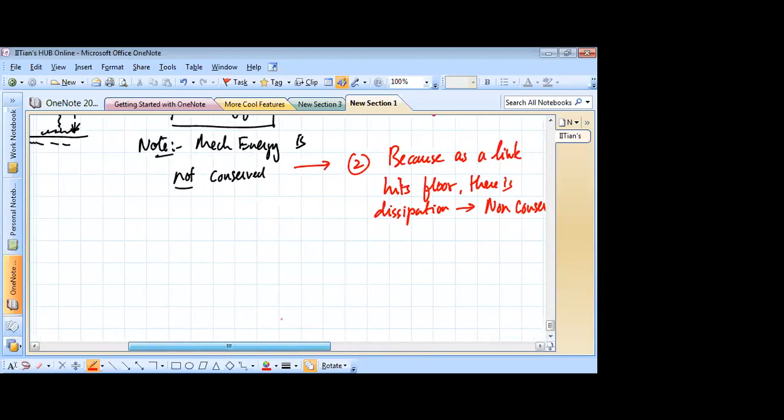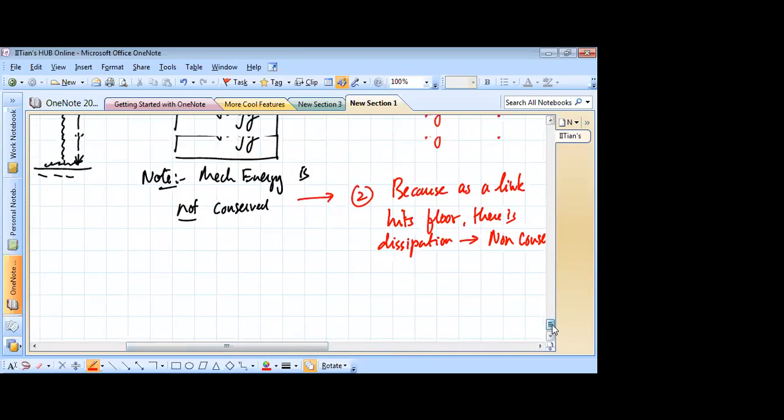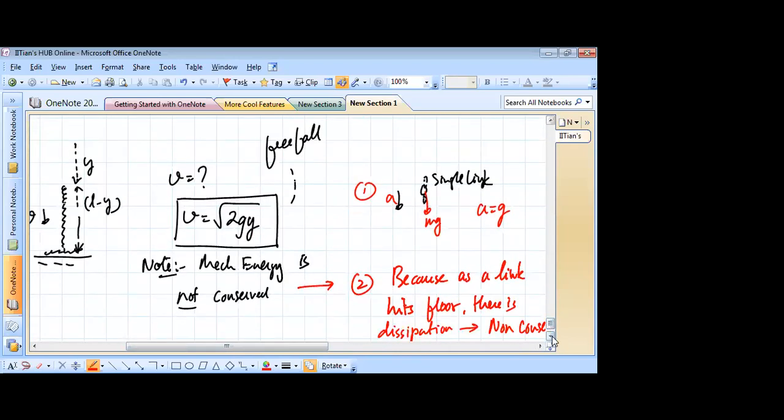So that's another important thing to understand conceptually, that mechanical energy is continuously getting dissipated in this problem. Okay. So that's why the free fall velocity is v.